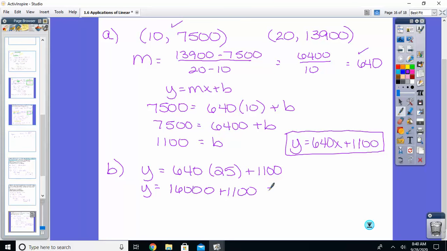Plus our 1,100. And so then we get $17,100. And we look, that is a reasonable answer. We know to make 20 of them it costs $13,900, so 17,100 does seem reasonable.